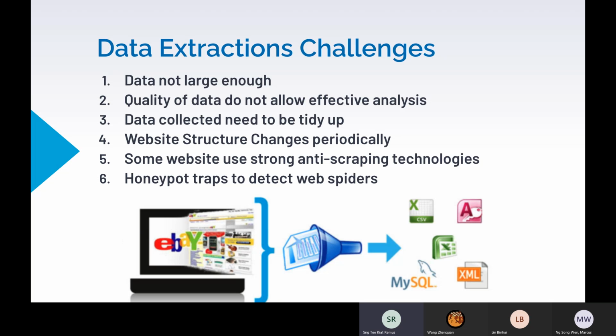Okay, a problematic issue we also faced was that websites may have implemented scraping detectors, and they will restrict our program from running if we attempt to scrape too many pages at once. So we will need to break the pages up into parts, and this will slow down our data gathering process. Some of them also employ honeypot traps to detect web spiders.